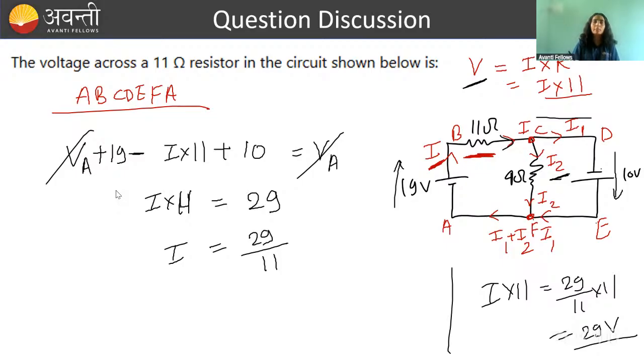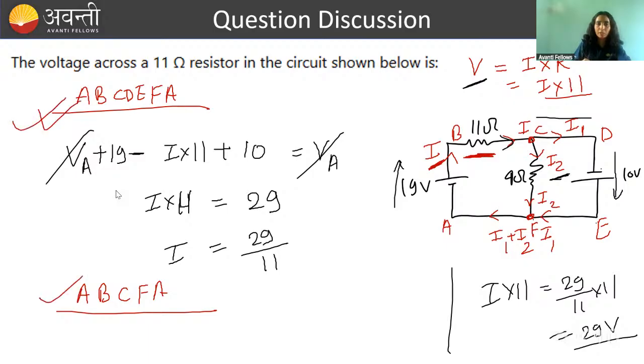Yes, Kiran, we can take another branch. Till the long we are getting the answer, we can take, but we only select that branch from which we can easily get the answer. जैसे अगर यहाँ पे आप ब्रांच ये ले लेते हो, सपोज कर लो आपने ले लिया A, B, C, F, A, इस ब्रांच से अगर आप लिखोगे ना, अगर मैंने ये ब्रांच नहीं लिखा and I am directly writing KVL in this branch, then I will be getting what, A से चलो VA plus 19 minus 11I and minus 4I2 and equal to VA. अब देखो यहाँ पे दो वेरिएबल है I and I2.